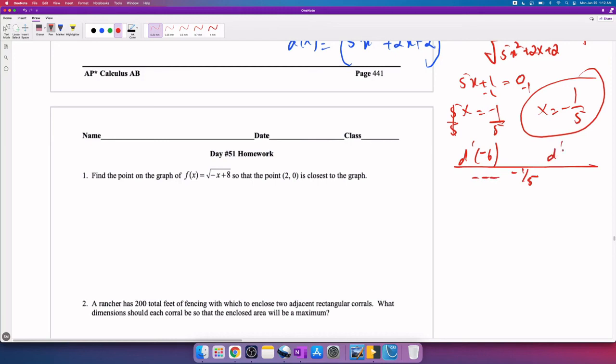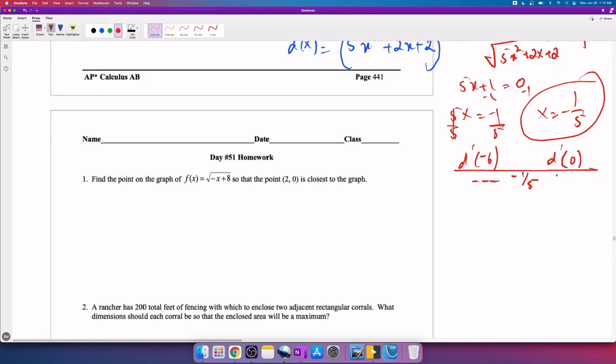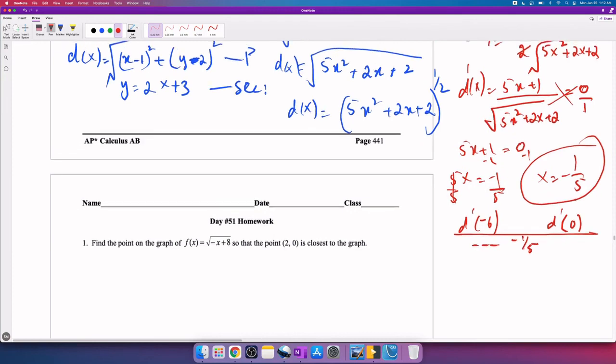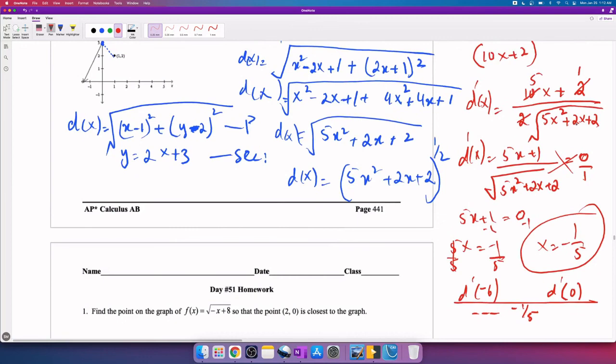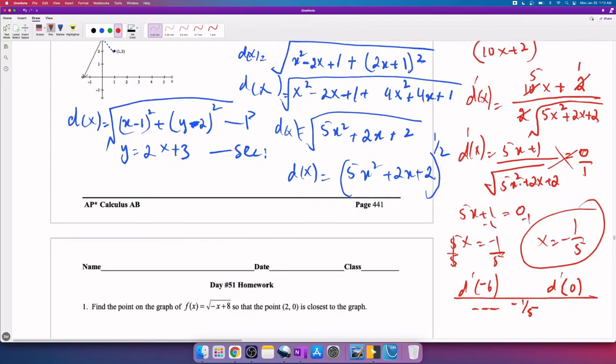When I plug into d prime 0, let's see, what is the derivative? This is the derivative. So when I plug in 0, that's 0, that's square root 2, and that's 1. So it's positive. So this is giving me positive, which means the minimum distance is at x equals negative 1/5.